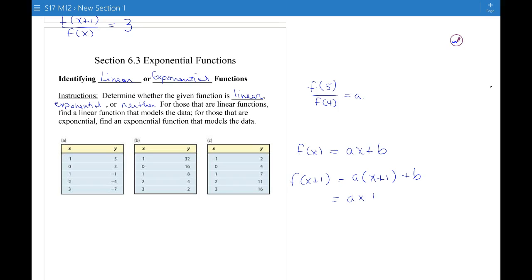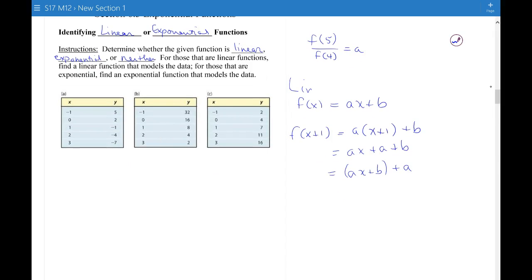So I'll get ax plus a plus b. We'll rearrange a little bit, and you can see that for a linear function, f of x plus 1 equals f of x plus a. And then for exponential, we said f of x plus 1 equals f of x times a. So that's what we're going to use to decide which these functions are.